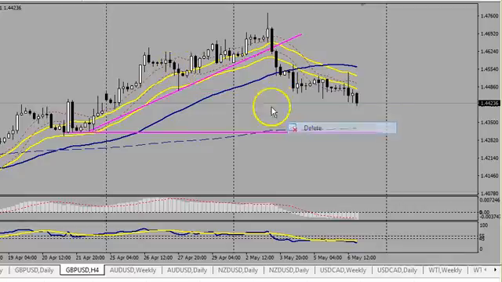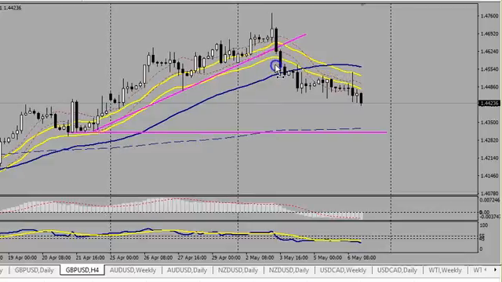So I would have gotten in once price breaks the trend line and price breaks here. You could even, on an aggressive entry, place a sell stop right here, hoping that price would go down to at least the blue SMA.